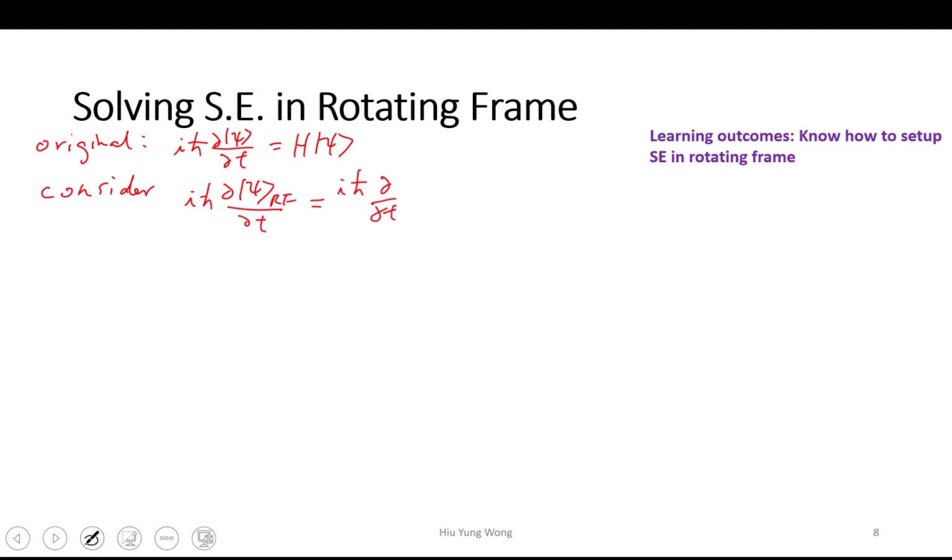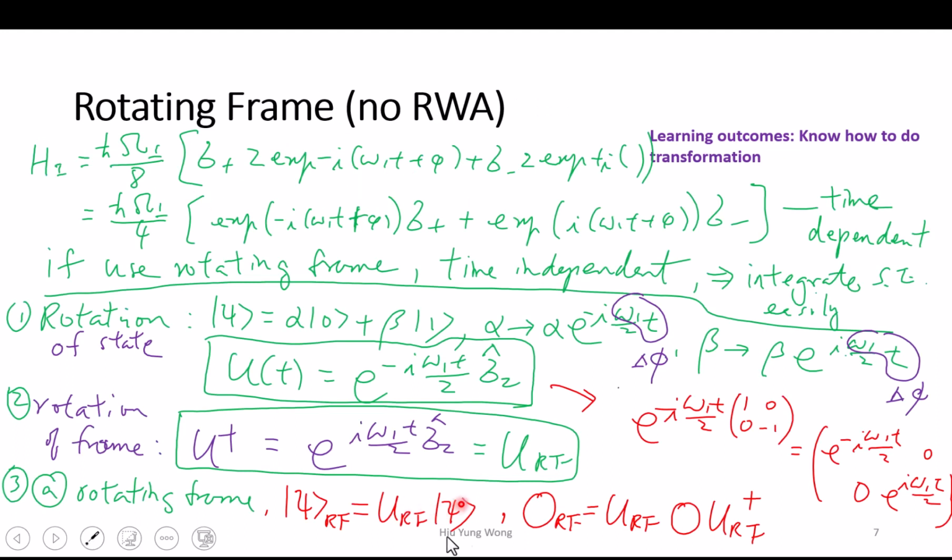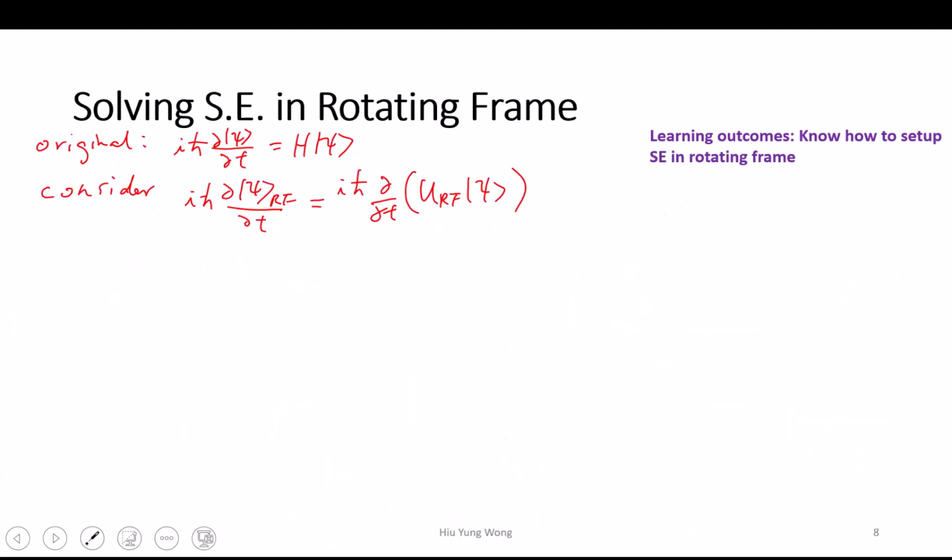What is psi RF? It's U RF times psi. Do you see that? Because the original is U RF times psi equals psi RF, right? Or just plug in the math, okay? But both of them are time dependent because the rotation, the unitary matrix, depends on time, right?